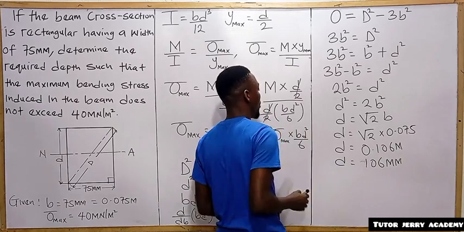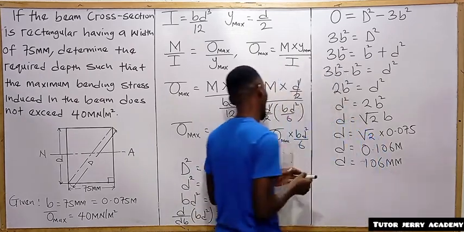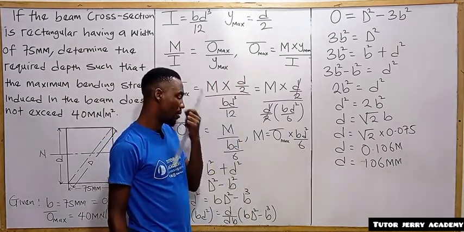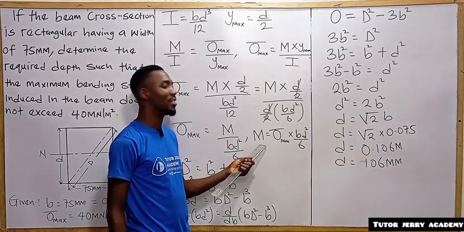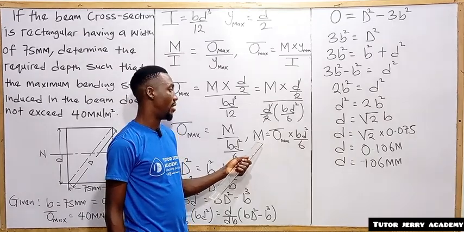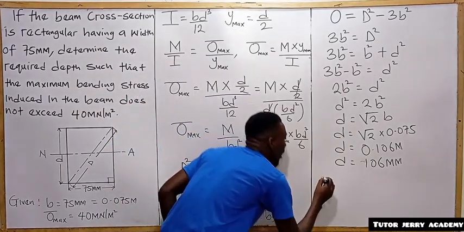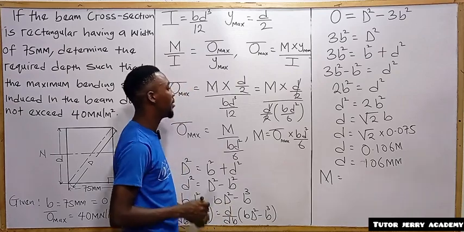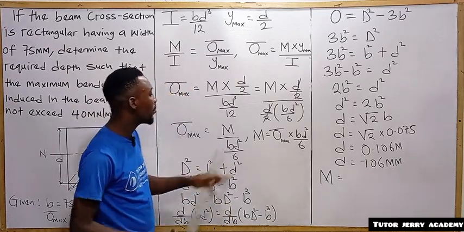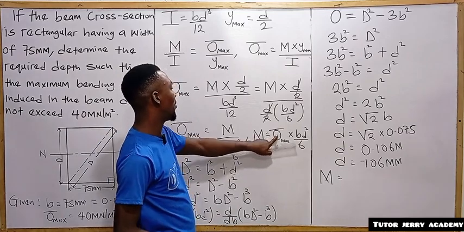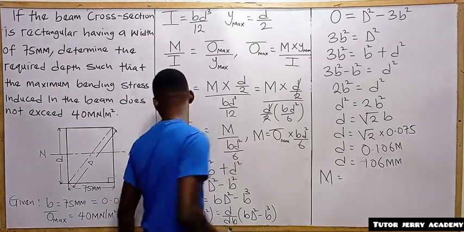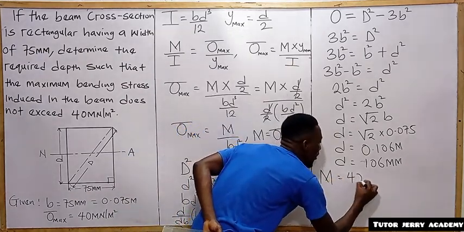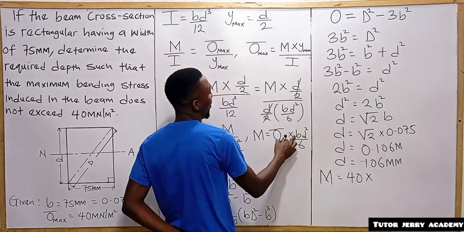All right. So now that we know our depth, we can come back to this formula and substitute, so we can calculate our maximum bending stress. All right. So now we're going to have M, which is our maximum bending moment. Our maximum bending moment is going to be equal to, here we have our maximum bending stress, which is 40, multiplied by our base.